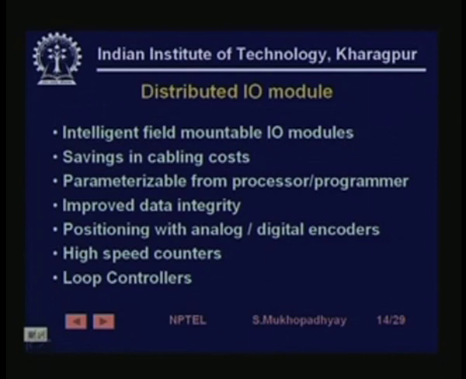Some specific loop controllers, like temperature control loops, where you just need to download the set point from the central processor, and the basic loop works on the distributed I/O module. So, the main processor is not bothered with that. So, that is distributed I/O, generally getting more and more popular these days.